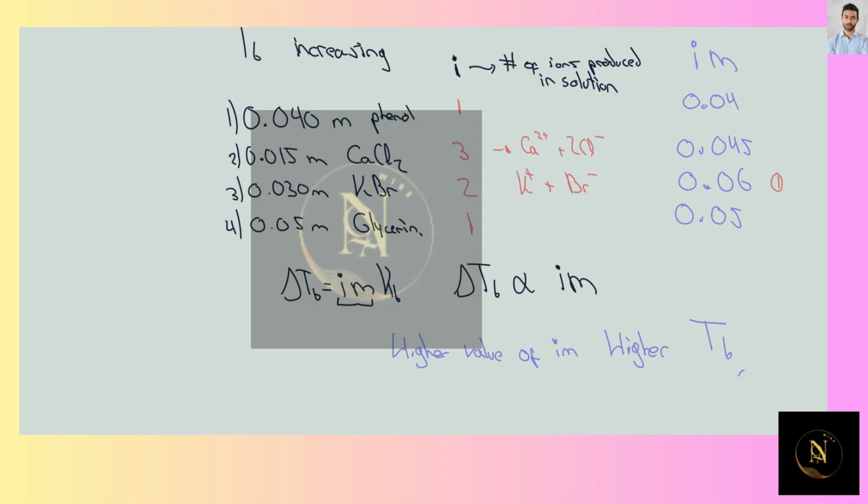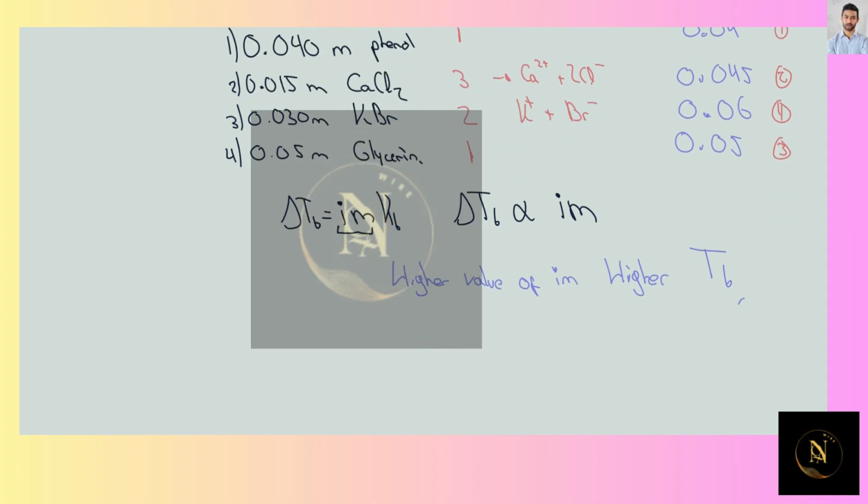Next, we're going in increasing order, so let's begin with the lowest. The lowest one would correspond to 0.04 over here. Next, we would get 0.045. On third position, the glycerin, and finally, the KBr solution.